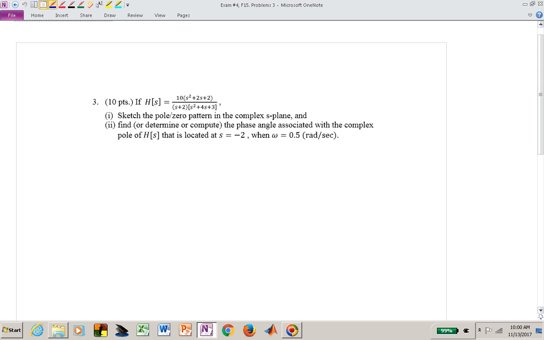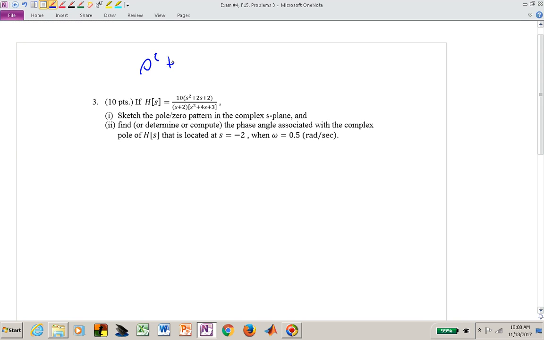So the first thing you want to do in these kinds of problems is actually factor the quadratics to make sure that those are either real roots or complex roots. In this case, you can factor the numerator.